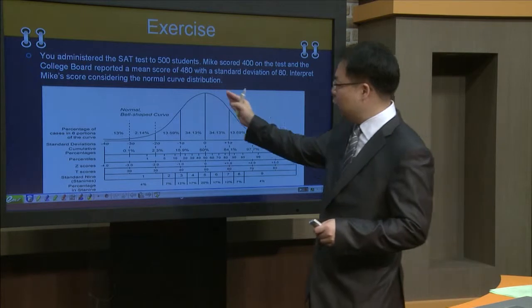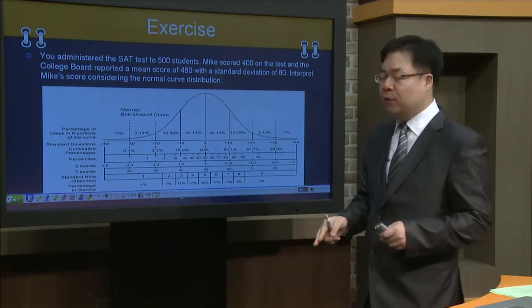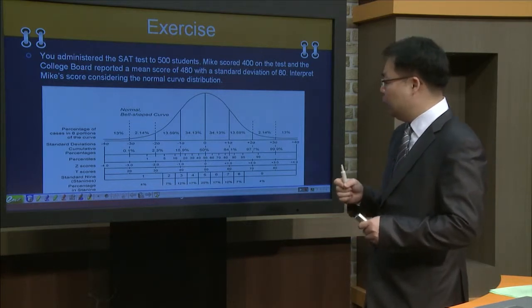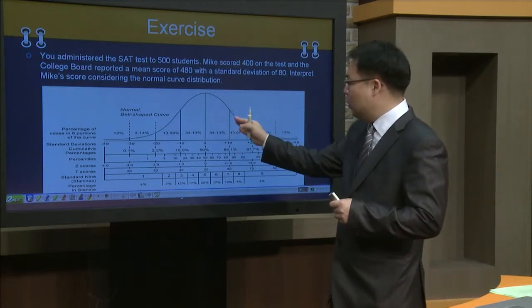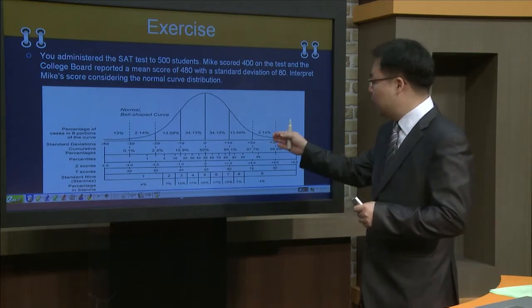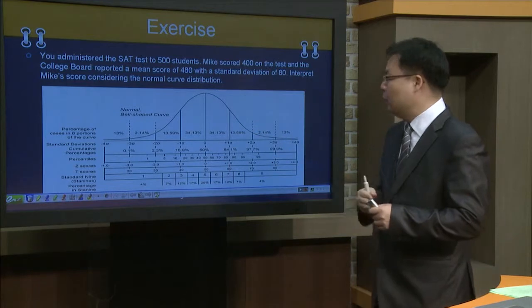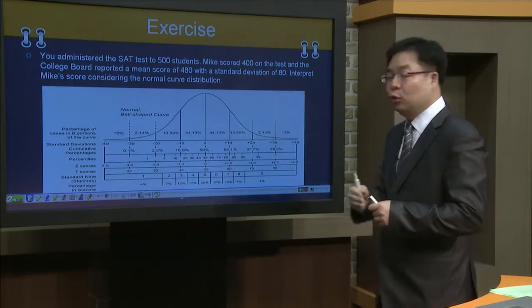In the middle is the mean. And also, the first standard deviation from the mean is about 34 percent, and the second standard deviation from the mean is an additional about 14%. And the third standard deviation is about 2%.